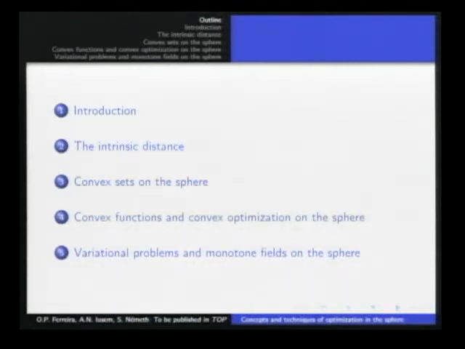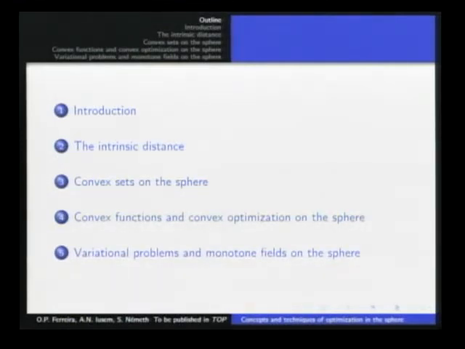And, well, so this is the summary of the talk. And I will, as I tell you, deal with very, very elementary material. So this is a very introductory talk. We will mainly introduce the right language to discuss these things: convex sets in the sphere, convex functions and convex optimization on the sphere, and variational problems and monotone fields on the sphere.